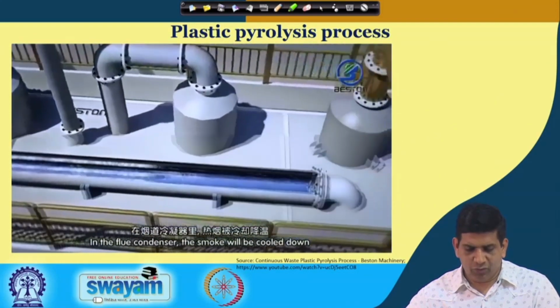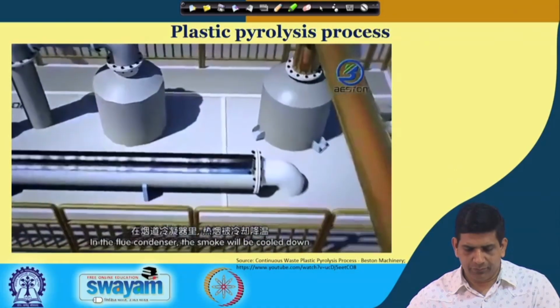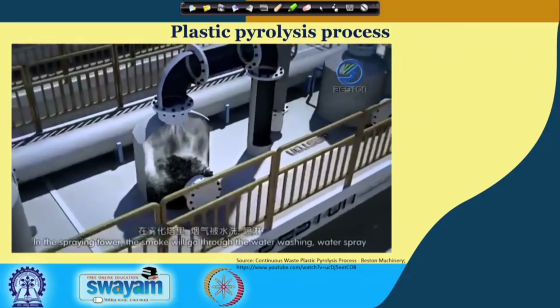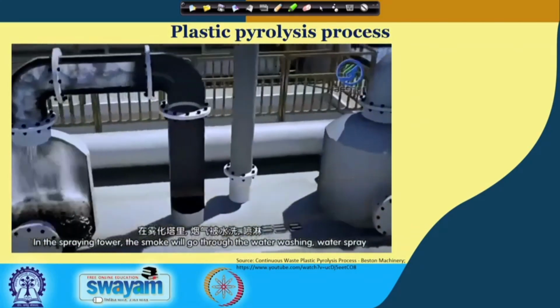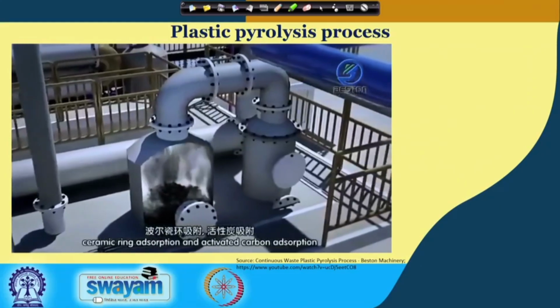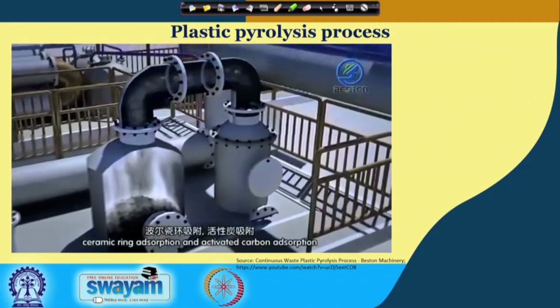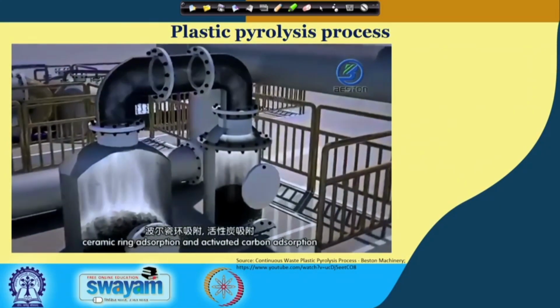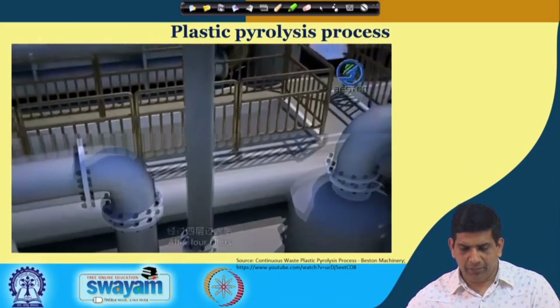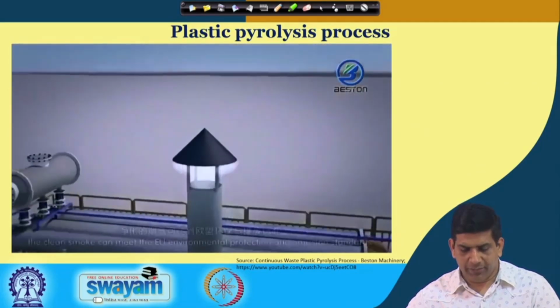So then smoke will be cooling down in the condenser. So all these different steps, as explained in great detail, then the spraying tower, the smoke will go through the water washing and water spray to remove the air pollutants, ceramic ring adsorption and activated carbon. So all these things happen as an air pollution control system, and this not only happens for this plant, this happens in all the plants.